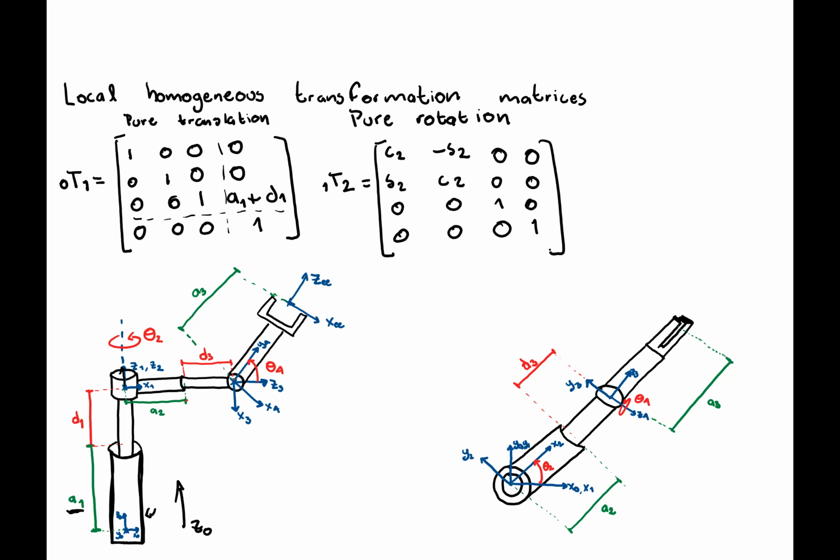Then for the next translation, now we see that the axis of motion of the next joint is no longer aligned with either the base frame here, or the rotation axis. So actually, our axis of rotation is this Z3. So first, we need to do a rigid rotation around the y-axis.